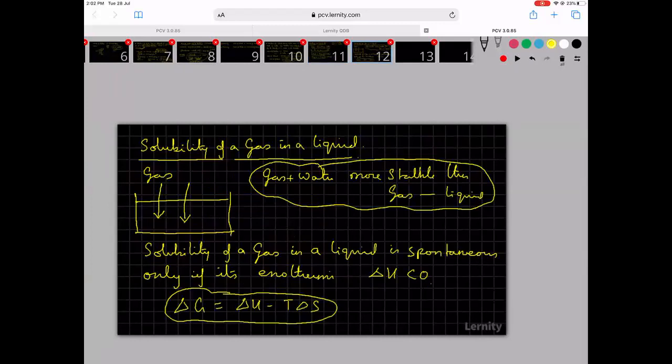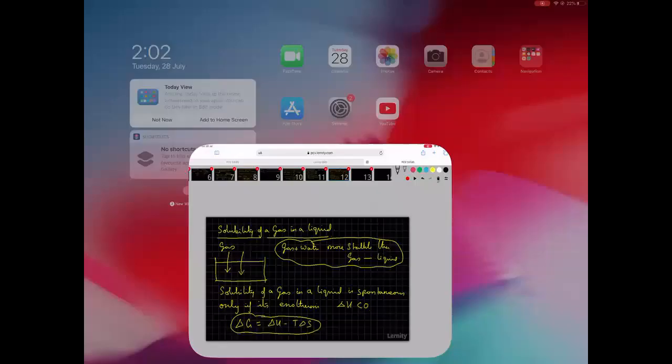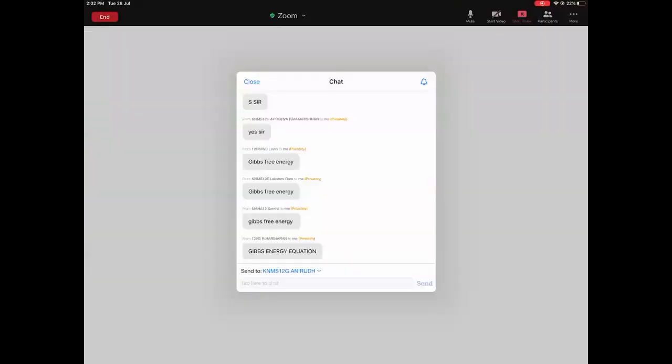Mostly we are talking about delta H less than 0. Do you understand this? So delta G is equal to delta H minus T delta S, yes, the Gibbs energy equation. Very good.